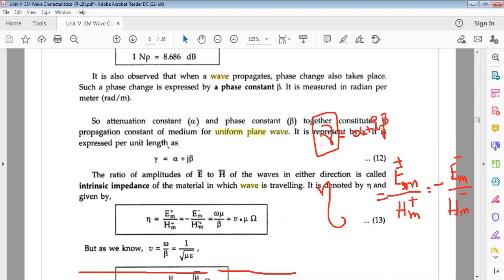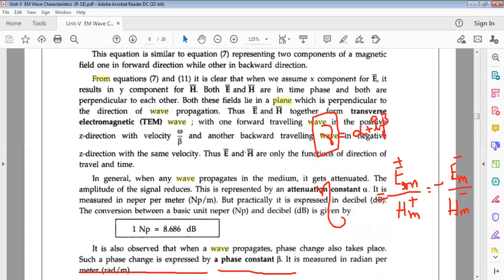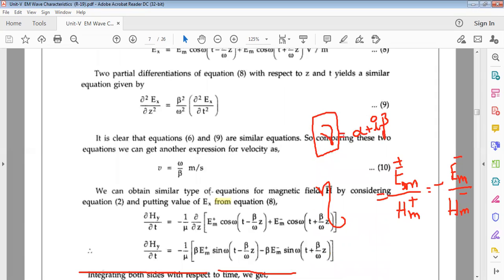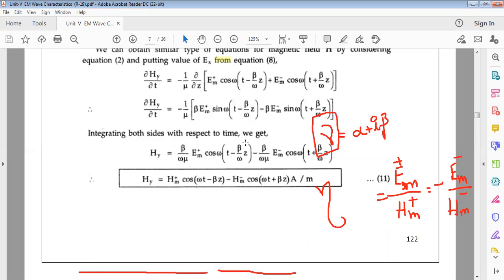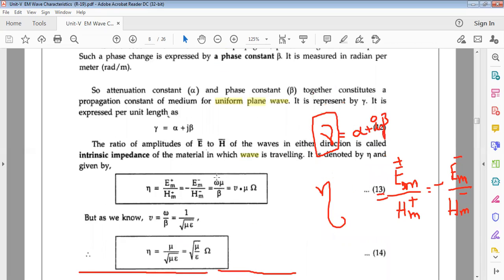Okay. What does EM plus by HM plus mean? When we compare, EM minus by HM minus, or EM plus by HM plus, is omega mu by beta.